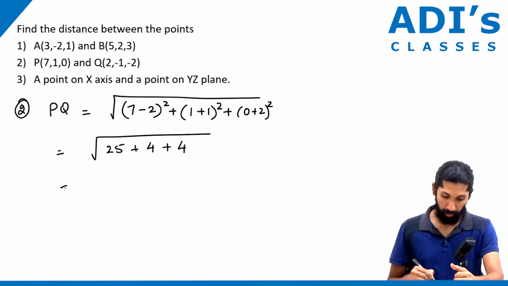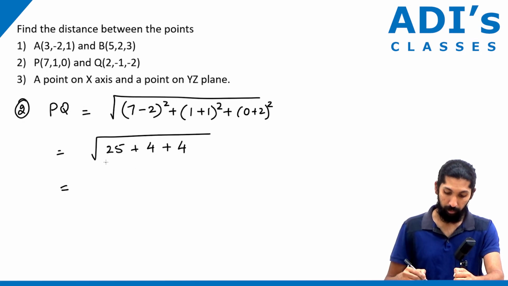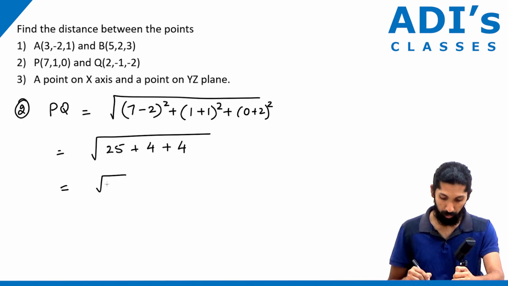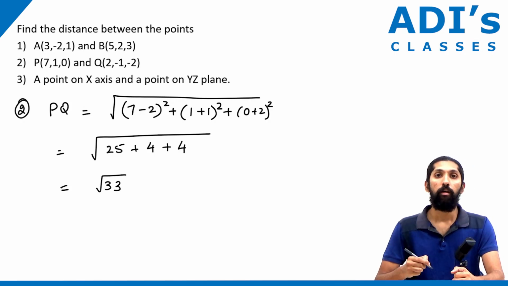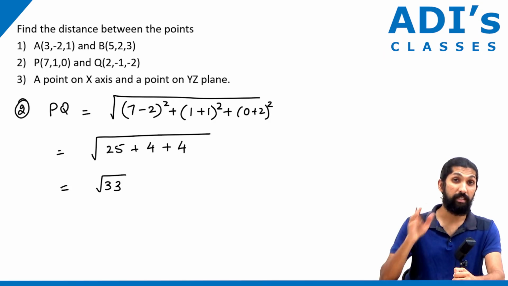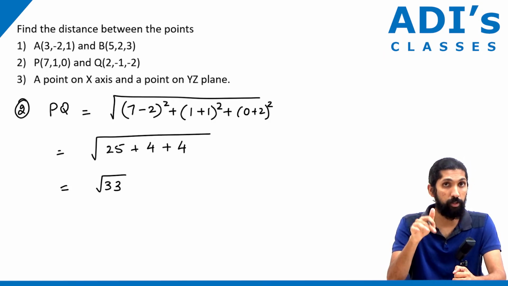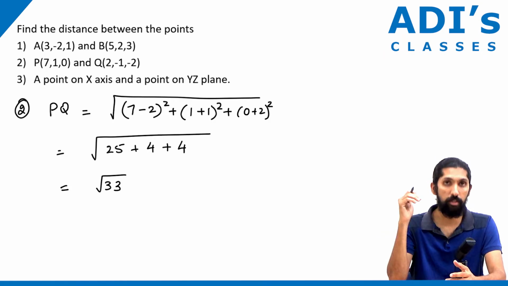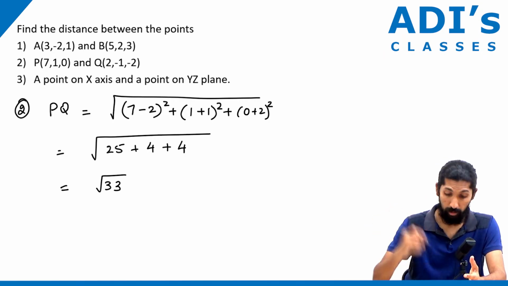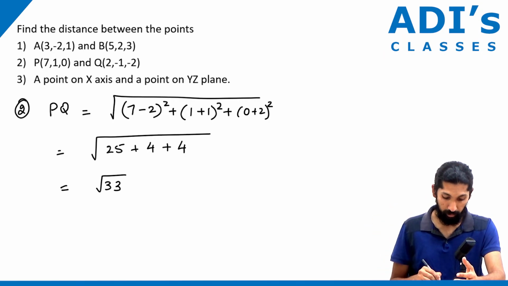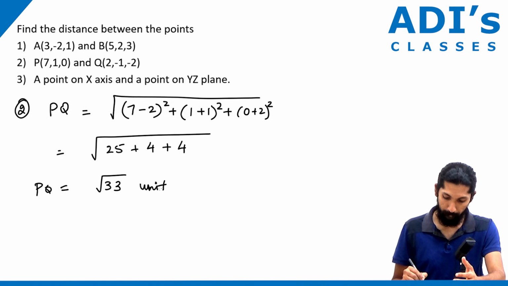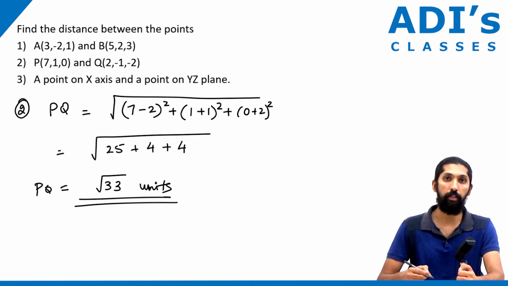So 25 plus 4 is 29, 29 plus 4 is 33, root of 33. Now 33 can be split as 3 and 11, both are prime numbers, none of which is a square number. So square root of 33 itself is going to be the answer. Square root of 33 units.